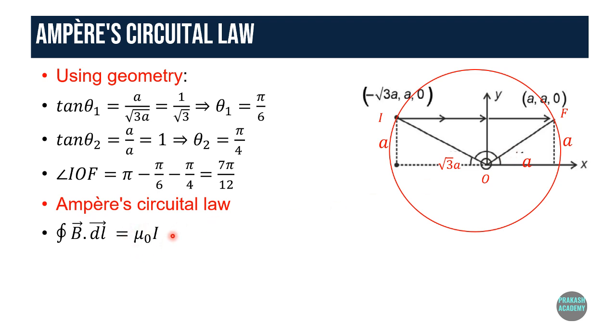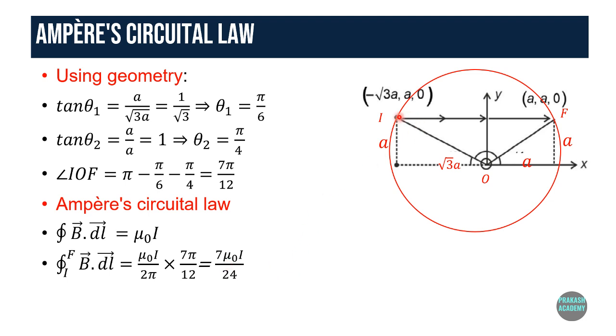Basically, this whole contribution mu naught I is due to the 2 pi angle. So, we can calculate the contribution due to this part of the loop. That will be mu naught I divided by 2 pi and multiplied by this angle. So, the contribution due to this one is equal to mu naught I divided by 2 pi times this angle, 7 pi by 12. So, this will be mu naught I divided by 24 multiplied by 7. So, 7 by 24 mu naught I.